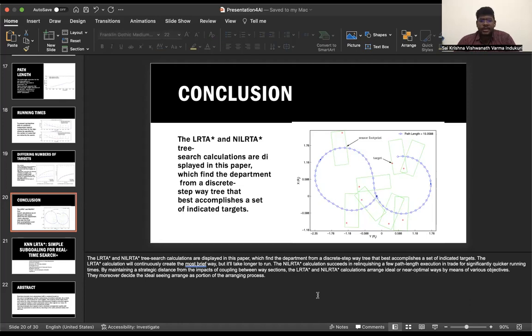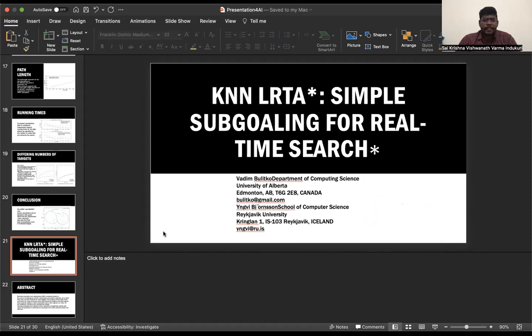And the NILRTA star algorithm succeeds in relinquishing some path length performance in exchange for significantly quicker running times. So by avoiding the effects of coupling between waste sections, the LRTA star and NILRTA star algorithms plan optimal or near optimal paths via various objectives.